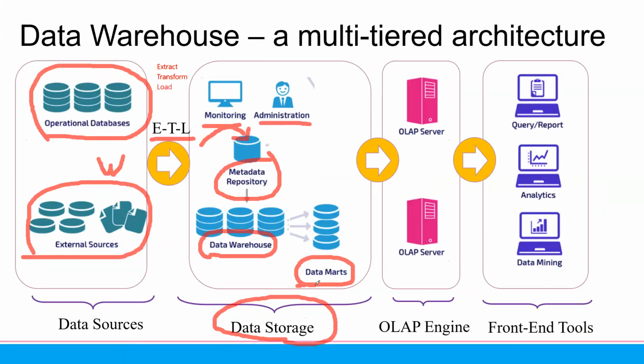The warehouse is the big one, and then we will have smaller ones. We call them data marts. Let's say I have a manufacturing company. The manufacturing company will have the data warehouse, and we can have data marts related to production.